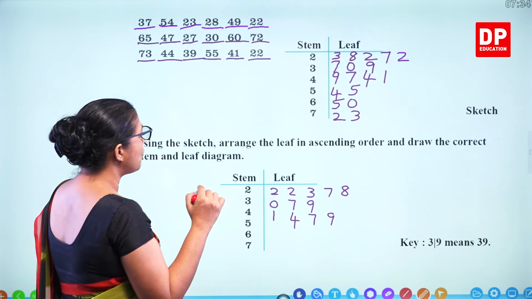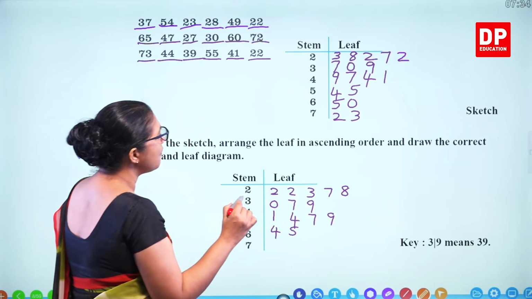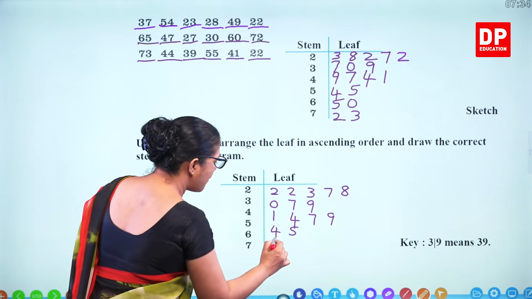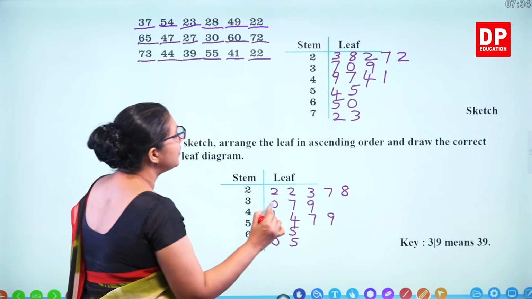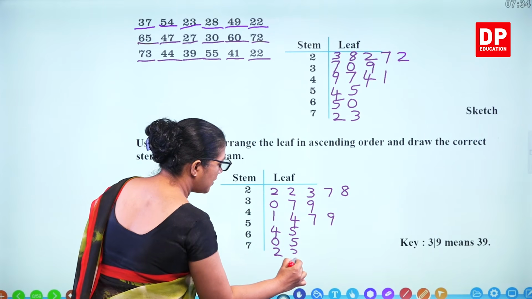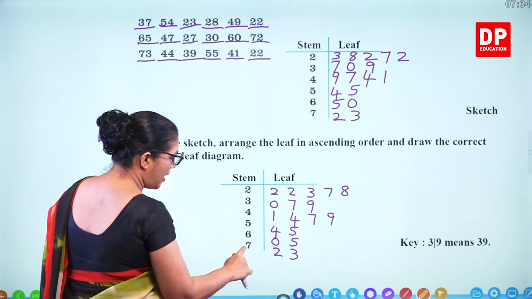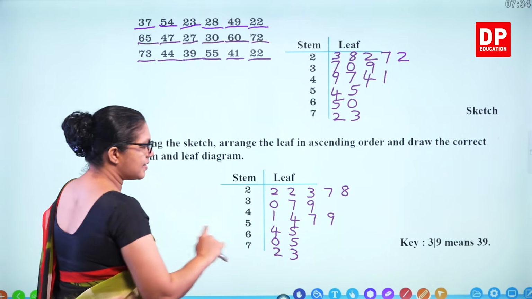And if it's 5, 4 and 5. If it's 6, 0 and 5. And if it's 7, 2 and 3. So now you can see the lowest number is 22 and the highest is 73.